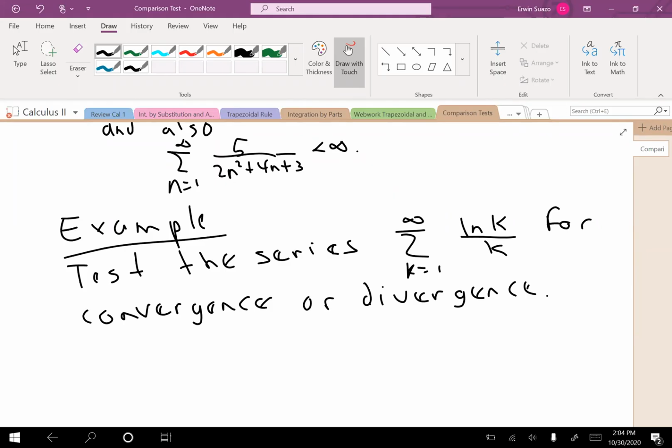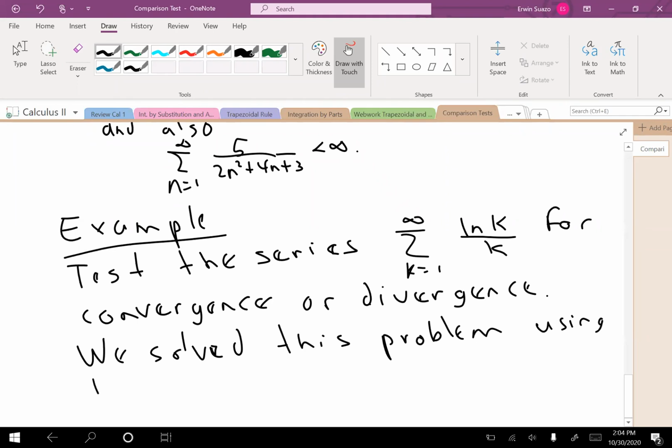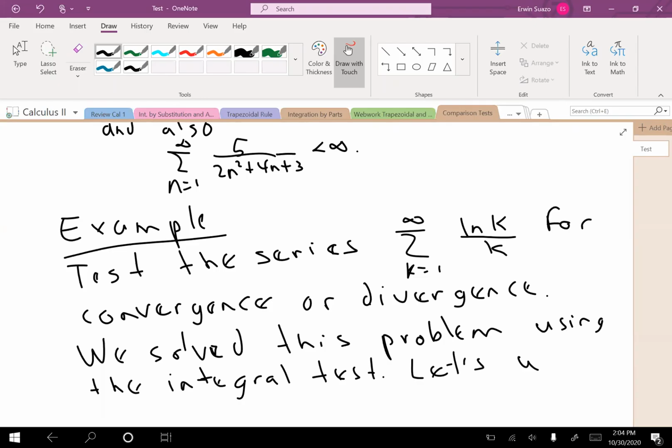We solved this problem using the integral test, but now let's use the comparison test.